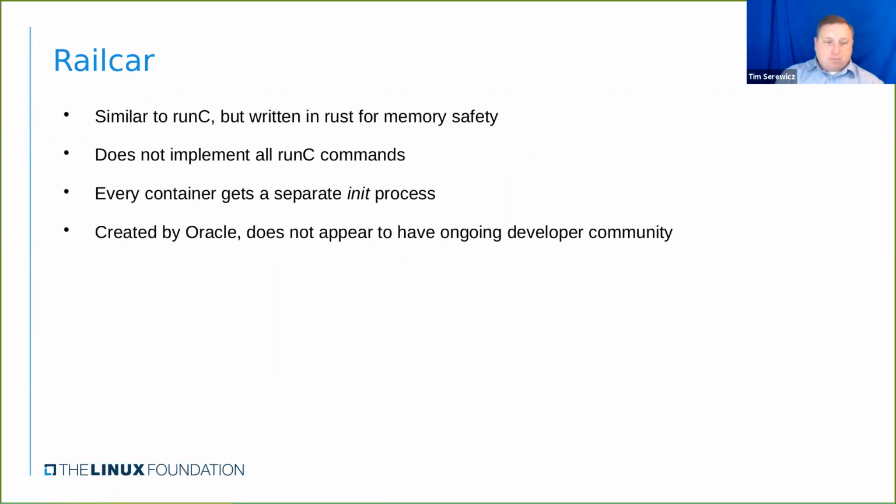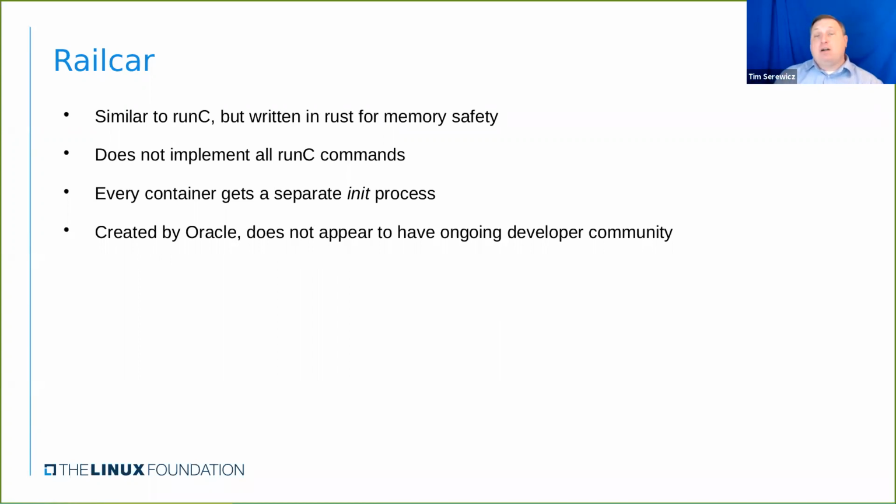Railcar is another one. Again, you may not have heard about it very much. Similar to runc, but it was written in the Rust language, again with security concepts in mind. It does not implement all of it, though, so it's similar, but not fully implemented.